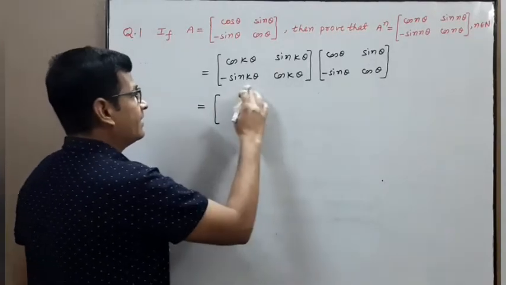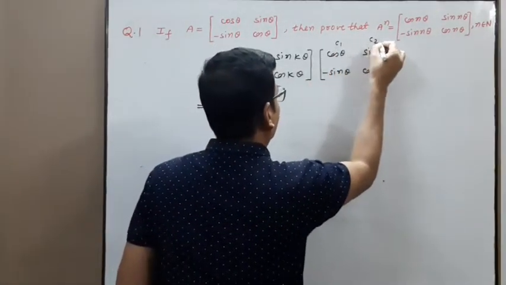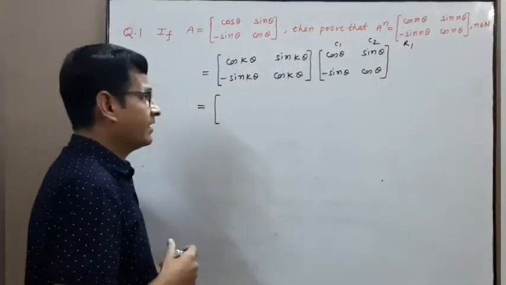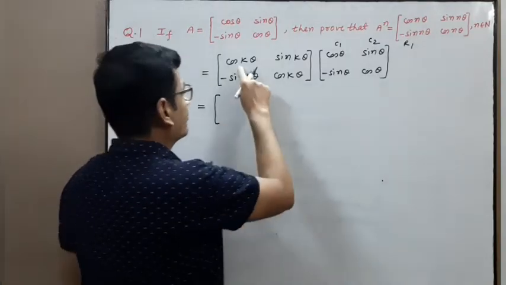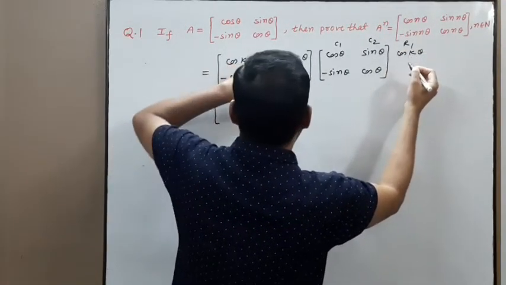Now multiply these two matrices row by column, row of first matrix into column of second matrix. So row cos k theta, sin k theta.